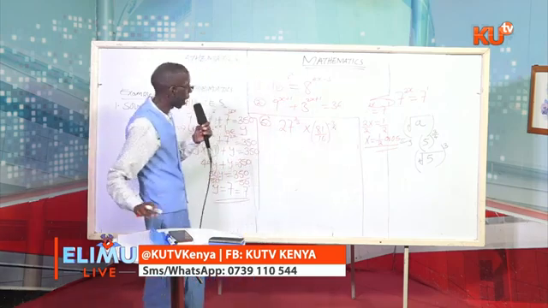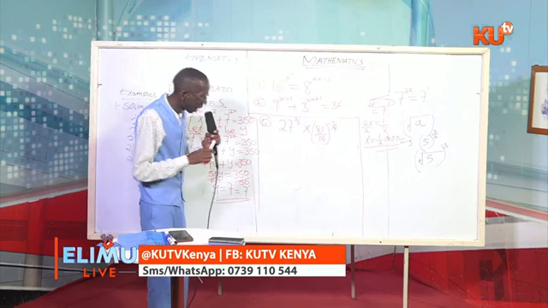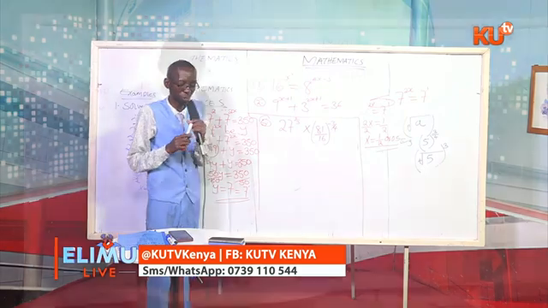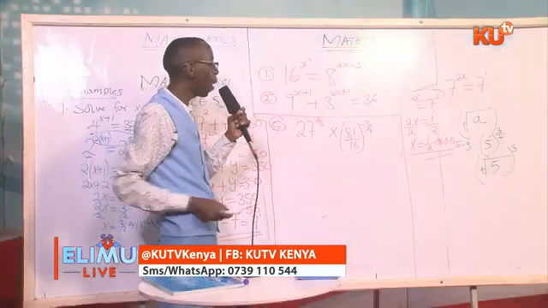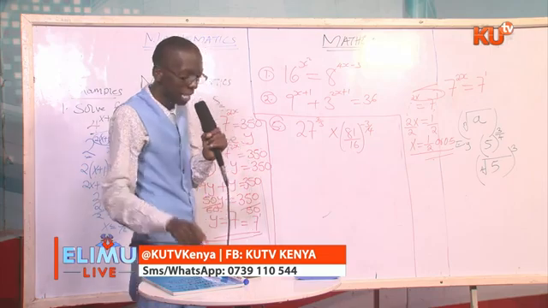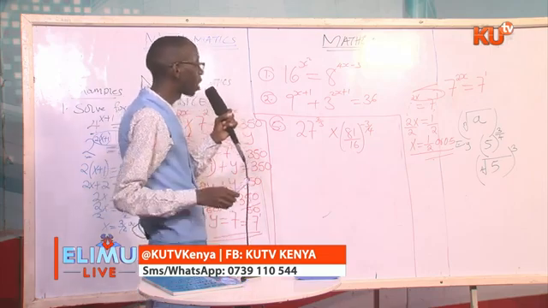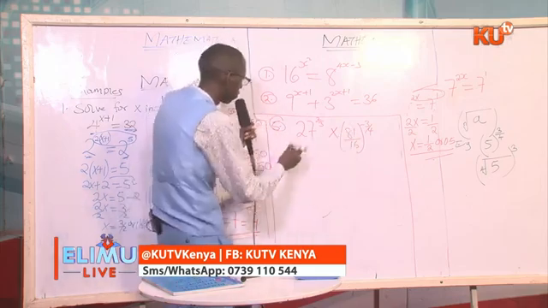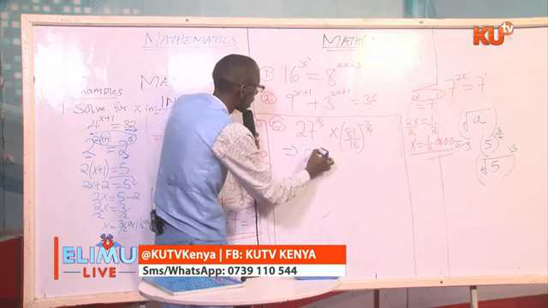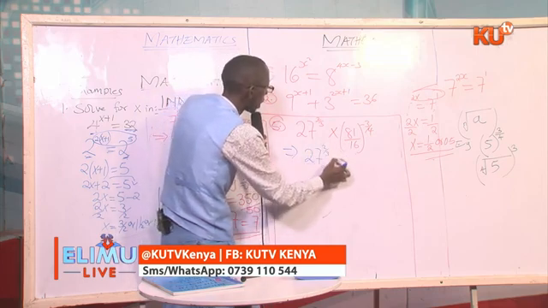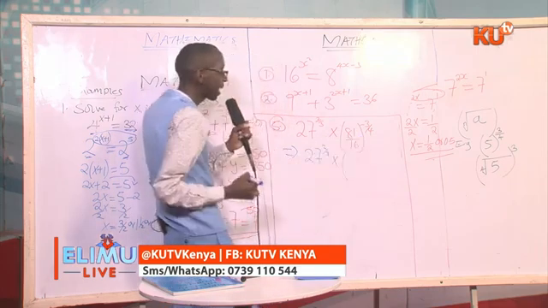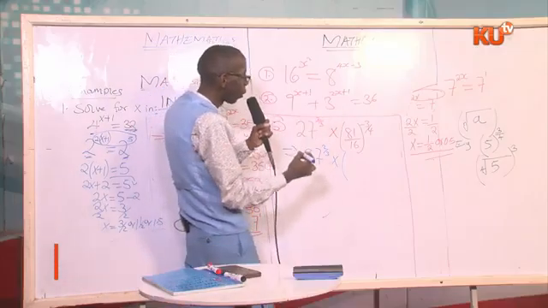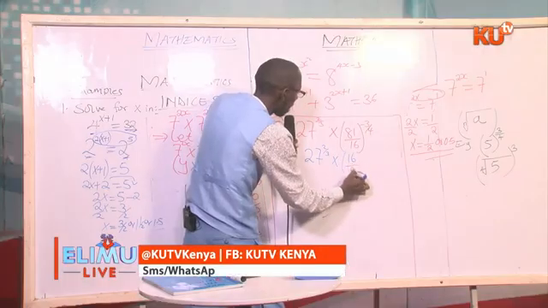My dear student, evaluate without using a calculator or a mathematical table. First step: the power of 81 over 16 is negative. What did we say on reciprocating? We reciprocate 81 over 16 to be 16 over 81.